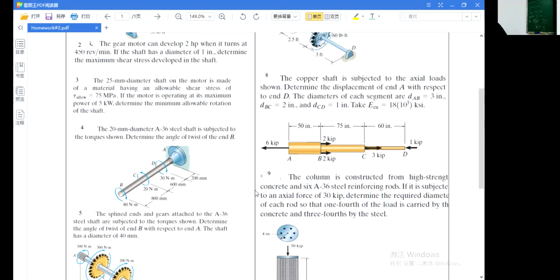Because the summation must be 0. So T is 90. Must be 90. Yes, no. Summation, all the torque must be 0.